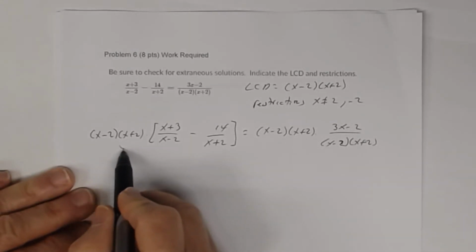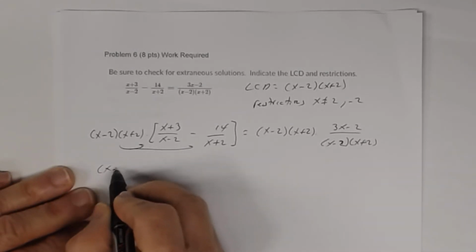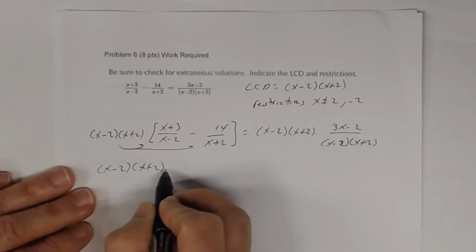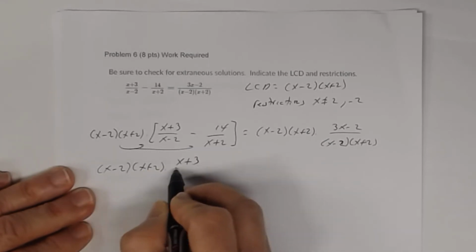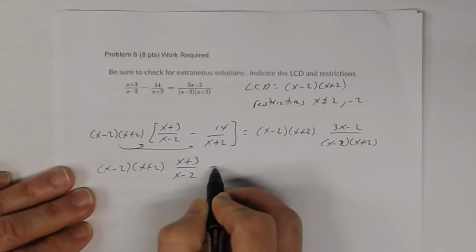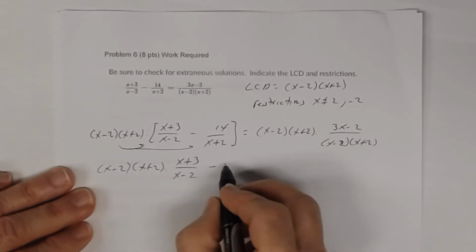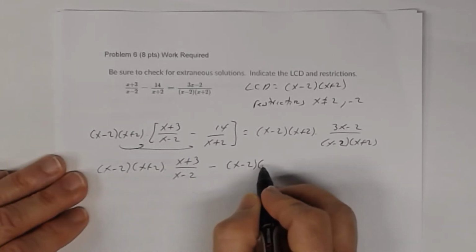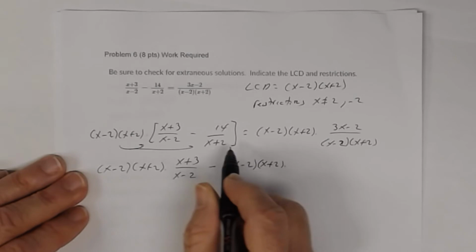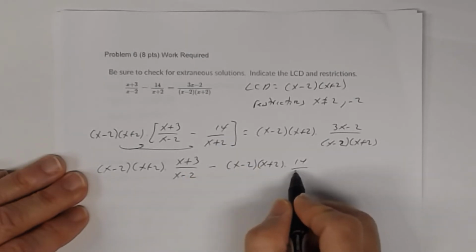Okay? Then I'm going to distribute, so I get x minus 2 times x plus 2 times the first fraction, x plus 3 divided by x minus 2, minus, and then the LCD, x minus 2, x plus 2, times that second fraction.